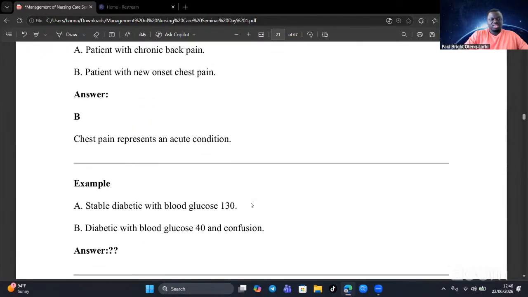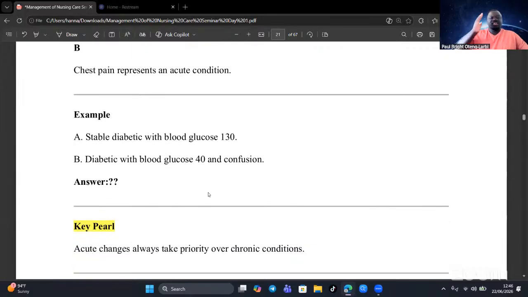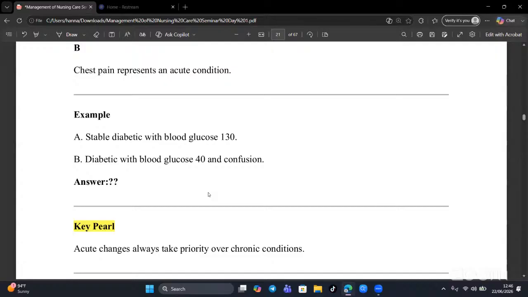Let's look at this example too. Tell me your answer. A stable diabetic with blood glucose of 130. If you want to know the millimoles, divide by 18. And the second is a diabetic with blood glucose of 40 and confusion.